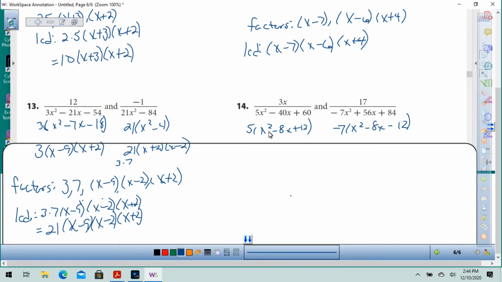So, I can take this some more. I got 5, and then let's see. What are the factors of 12 that give me 8? And that would be 6 and 2. I got x minus 6, x minus 2. And I know it's negative 6 and negative 2 because that adds up to 8, and negative 6 times negative 2 is positive 12. I got negative 7 there. What do I got?